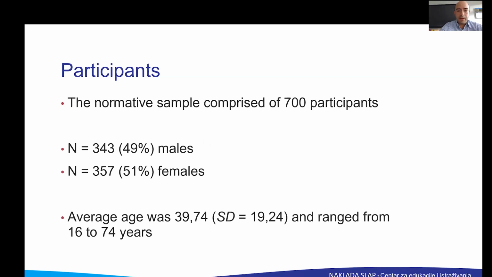Our sample comprised 700 participants, 49% were males, 51% were females, and the average age was 39.74. The age ranged from 16 to 74 years because this is a normative sample.